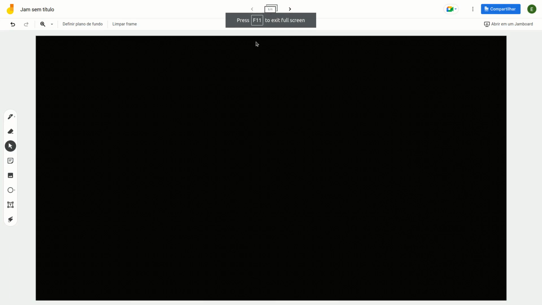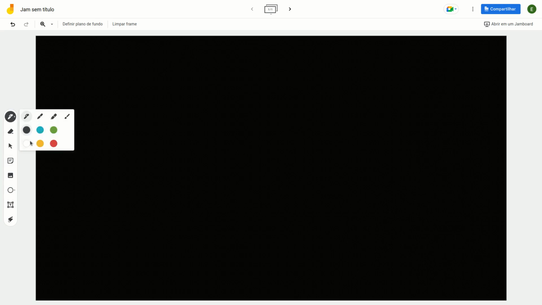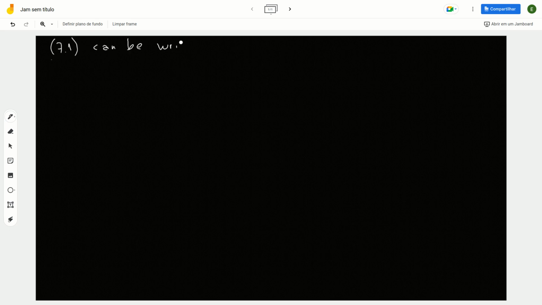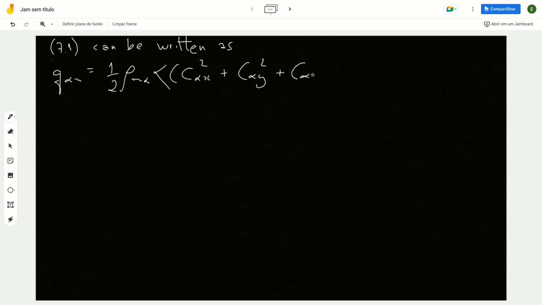Back to the heat flow vector. 7.1 can be written as Q alpha n is equal to 1 over 2 rho m alpha times this: C alpha x square, C alpha y square, C alpha z square, times C alpha n.